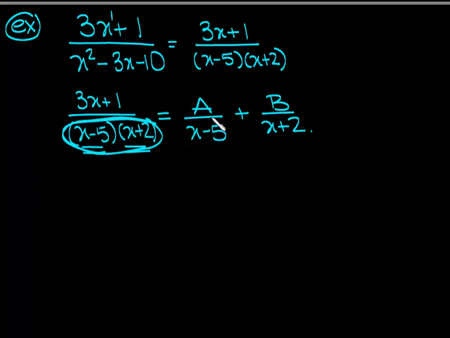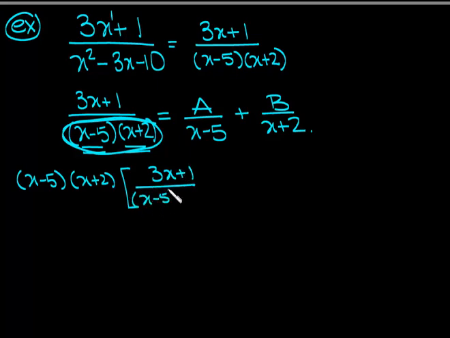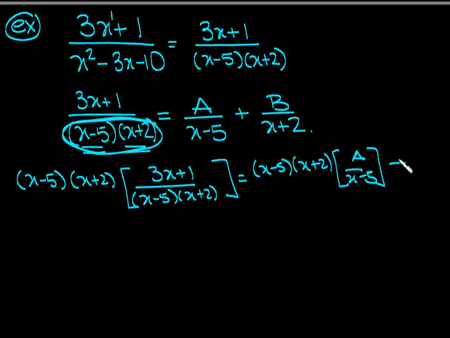So I'm going to multiply everything by the common denominator, and this is probably the only time I'm going to do it, because it'll be really nice if you can do this in your head. Okay, so I get x minus 5 and x plus 2. I'll multiply this by the common denominator, and we get x minus 5 plus, we'll multiply the last term by the common denominator.